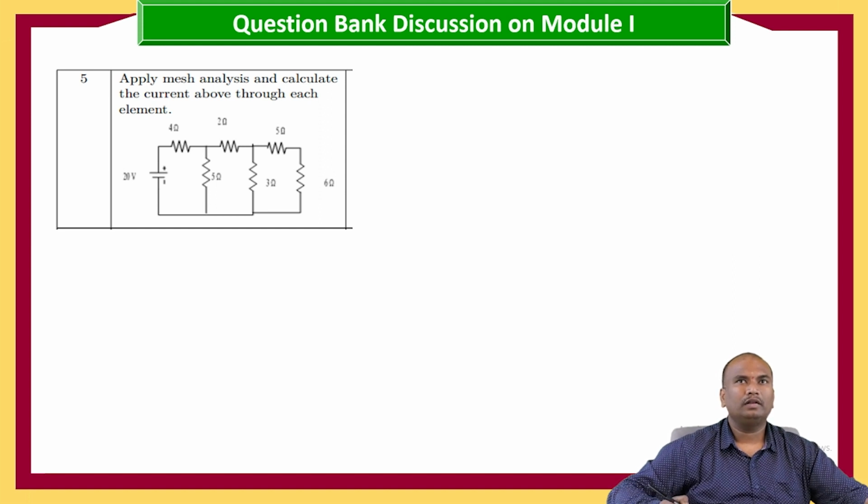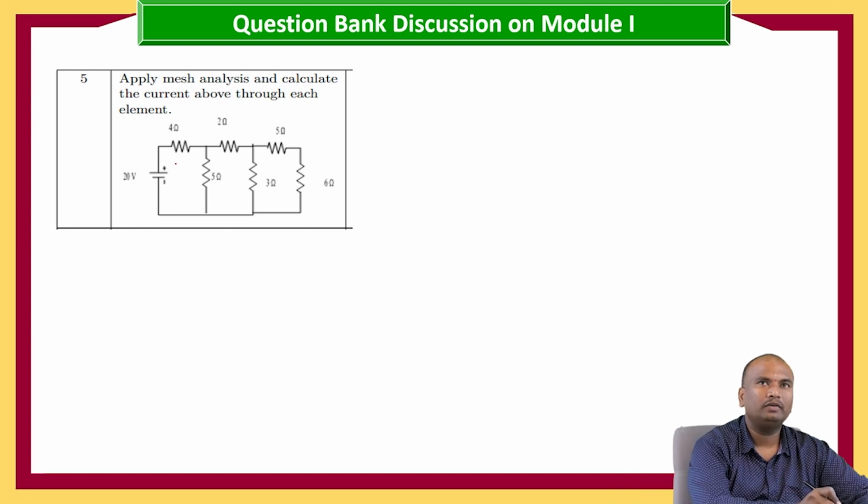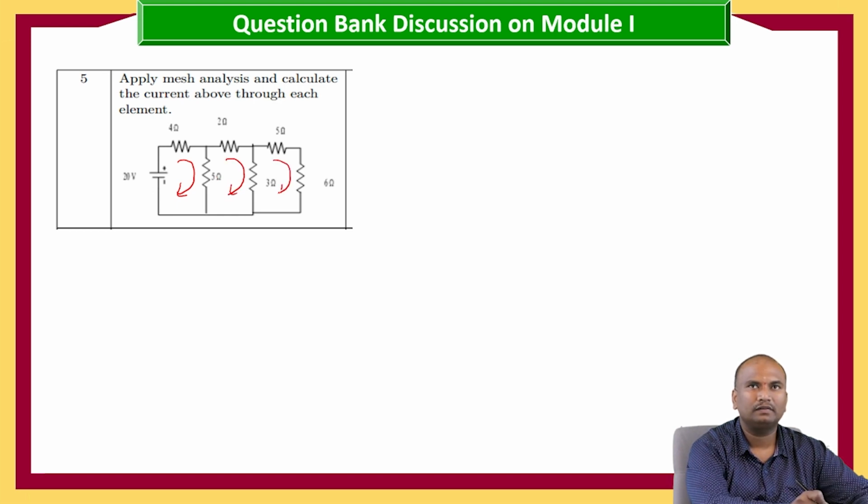Now, this is a circuit given to calculate the currents flowing through each and every element. For mesh analysis, we are going to give the current directions, that is I1, I2, I3.